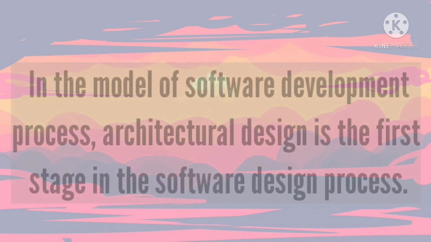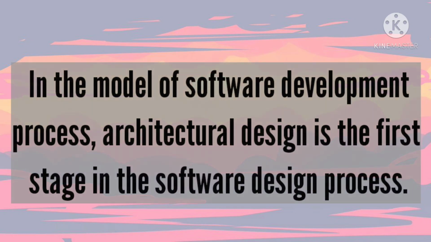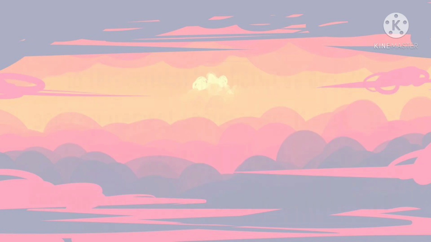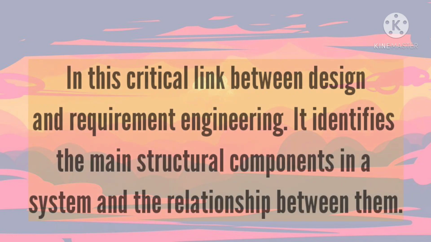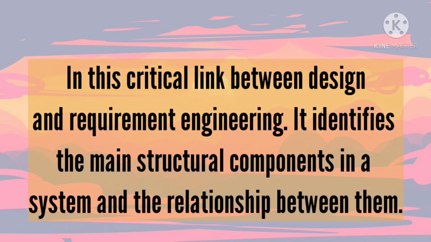In the model of software development process, the architectural design is the first stage in the software design process. In this critical link between design and requirement engineering, it identifies the main structural components in a system and the relationship between them.